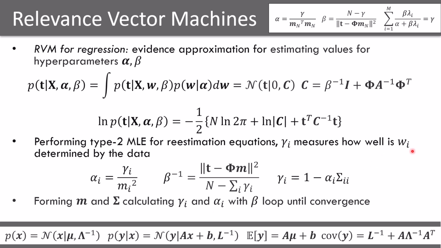The reason is that if the alpha goes to a very high value, then the associated weight, with its probability distribution as a single variate normal distribution, will have mean 0 as always, but its standard deviation will also become 0. So the weight becomes insignificant and does not really contribute to our model. We will see that in a moment.